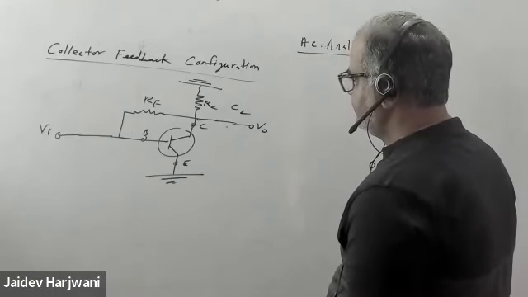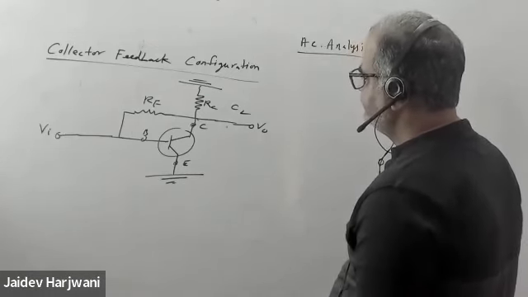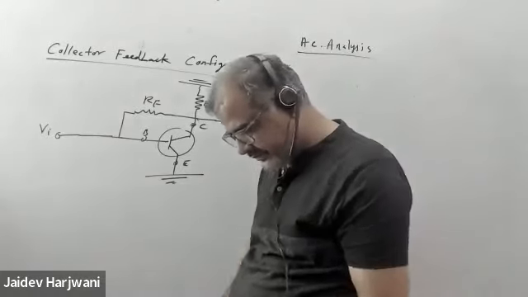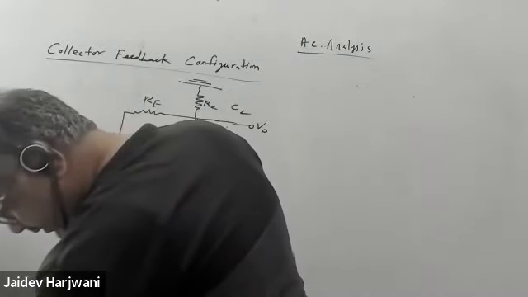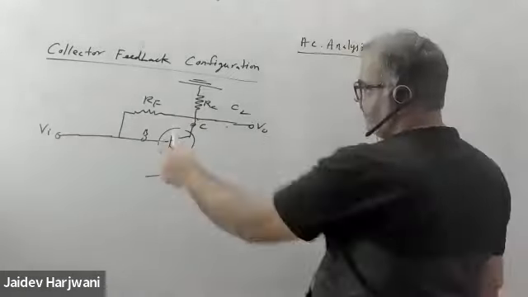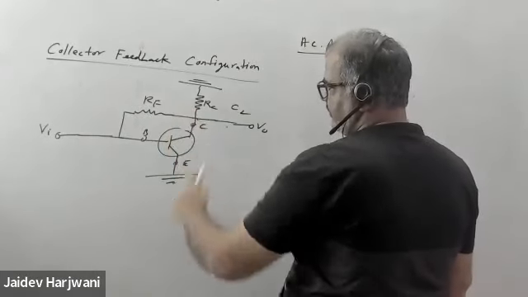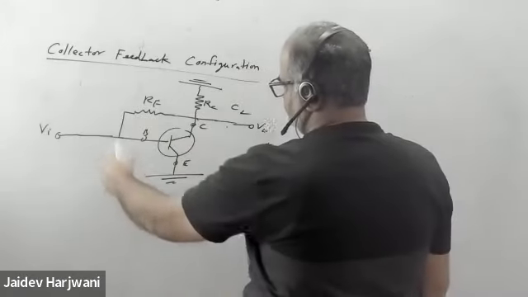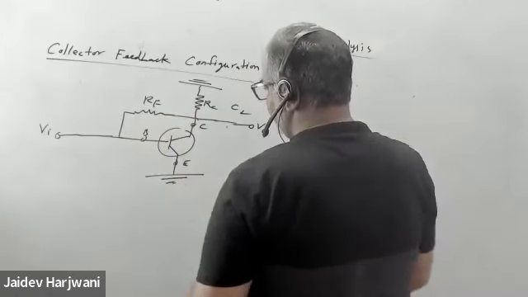Now how will you do this one? How will you make this circuit? This time RF is connected to RC, it is not getting grounded, so only RC is grounded.